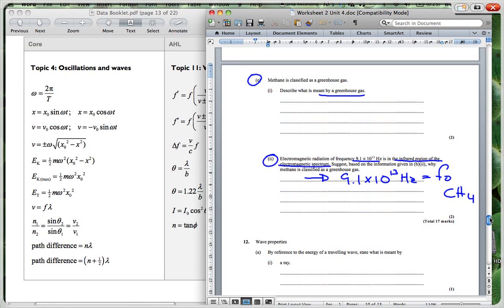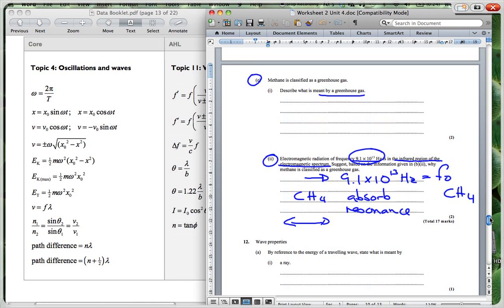And so what happens is that this infrared radiation, because it's also got this natural frequency, the methane, the CH4, will readily absorb it, because you would get resonance occurring. The natural frequency is the same as this frequency here, and so it will be working together, and it will cause a large increase in the to and fro motion.